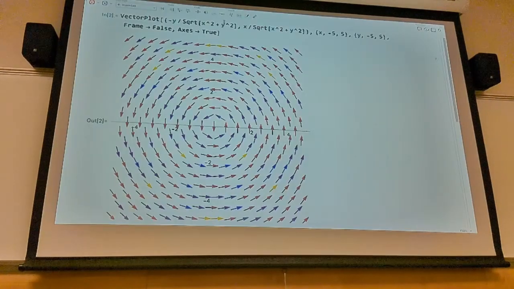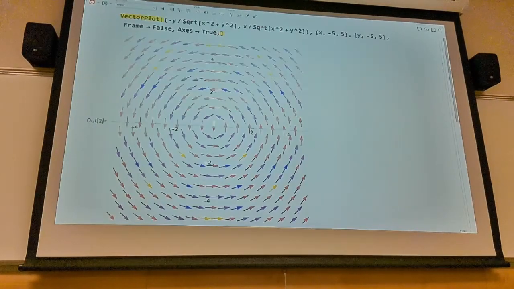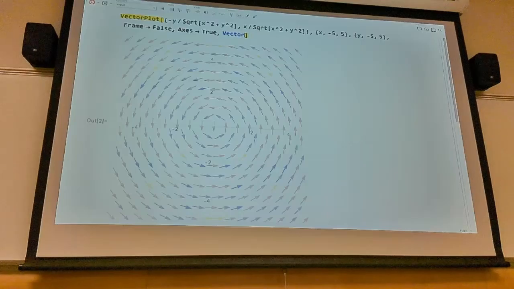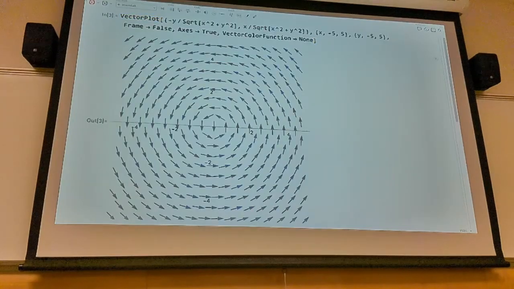First one I'm going to use. Turn off the vector color function so that you can actually define a color yourself so you don't get those really weird ones. What did the colors represent? Magnitude.